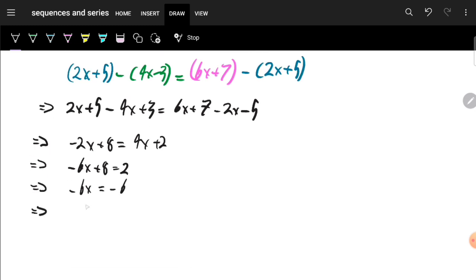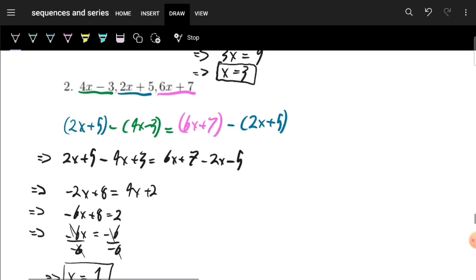Dividing by negative 6 on both sides, this goes away, this turns to 1, so we get x is equal to 1. All right, so our x value is equal to 1 here.